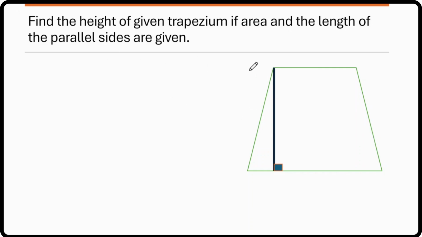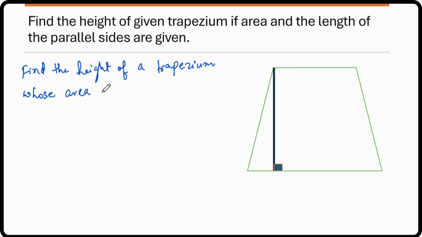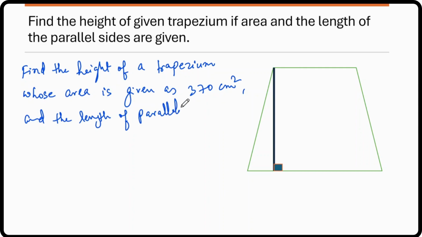Suppose the question is: find the height of a trapezium whose area is 370 centimeter square and the lengths of the parallel sides are 25 centimeter and 12 centimeter respectively.